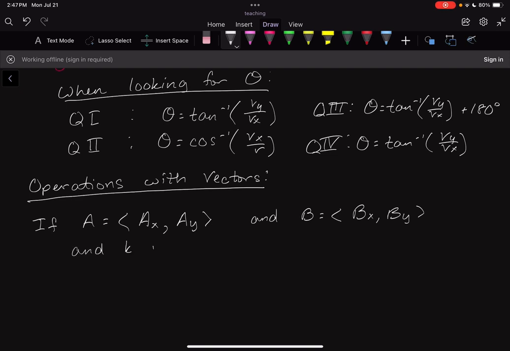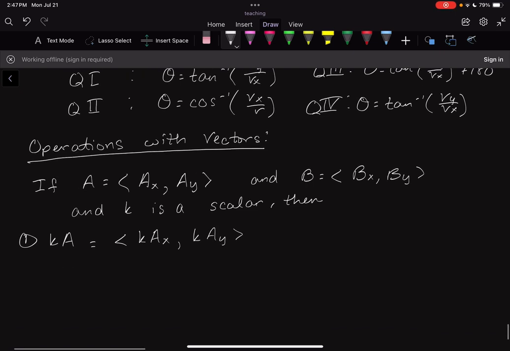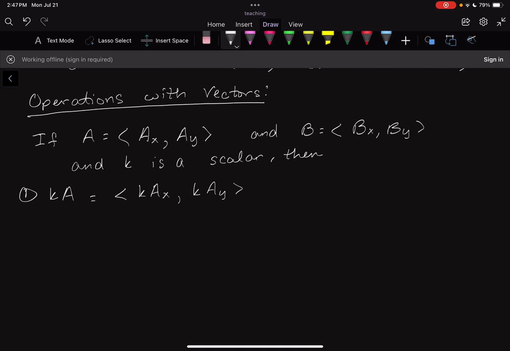And K is a scalar. Then the following will be true. 1. If you multiply a scalar K by a vector, let's say A in this case, you'll just multiply the K by each part of the vector. This is actually called the scalar product.